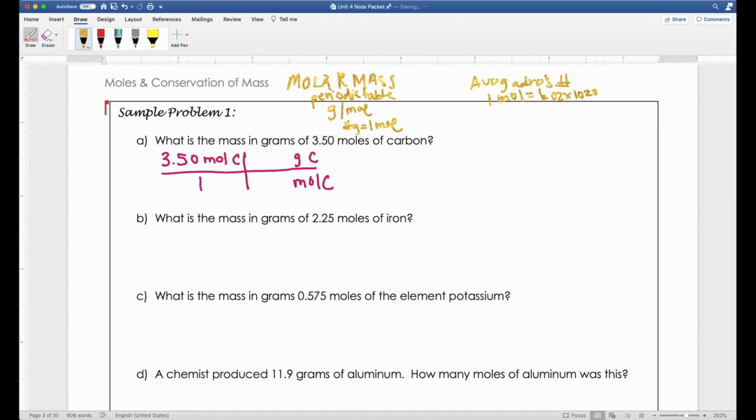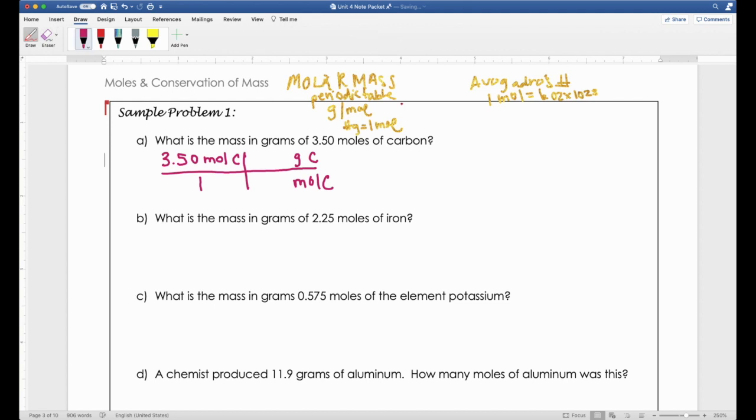So basically it's the number of particles, however many particles or how many things are comprising 1 mole of a material. So what do we need to use? Well, we need to use the molar mass, and that's because we're relating the number of grams to the number of moles.